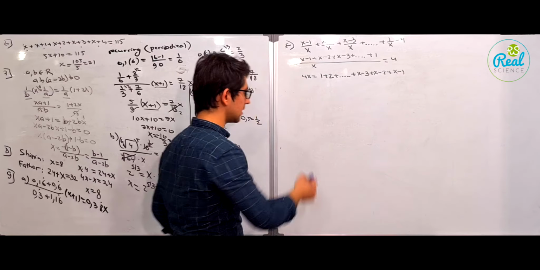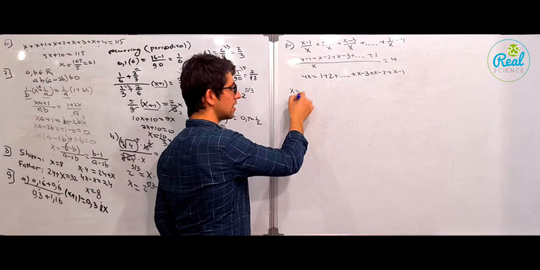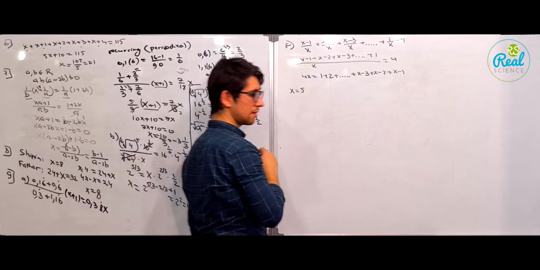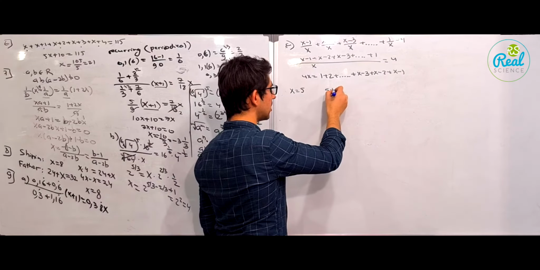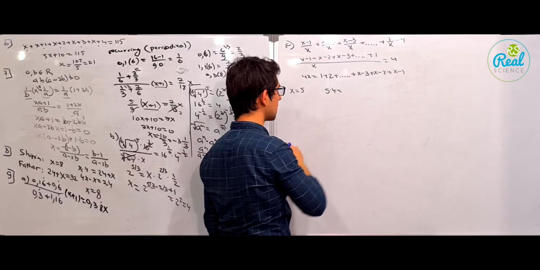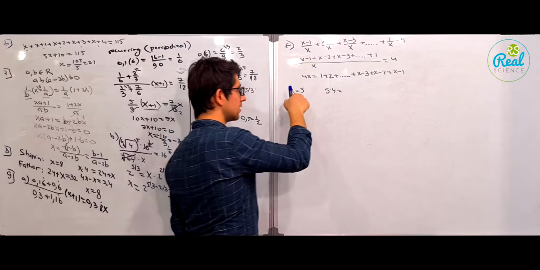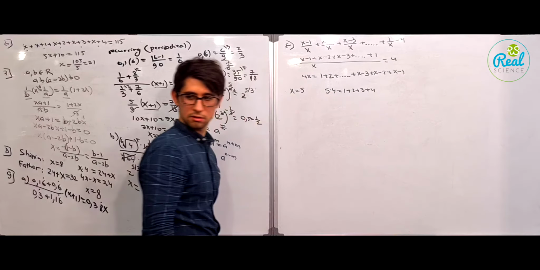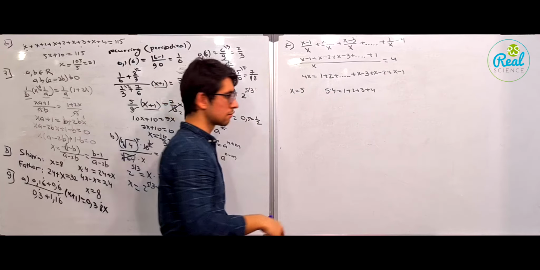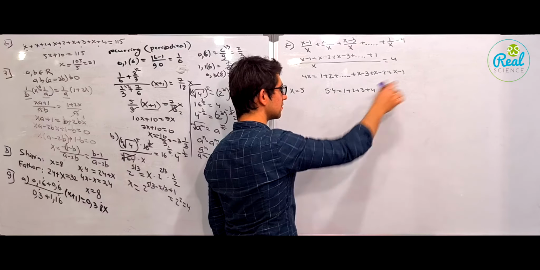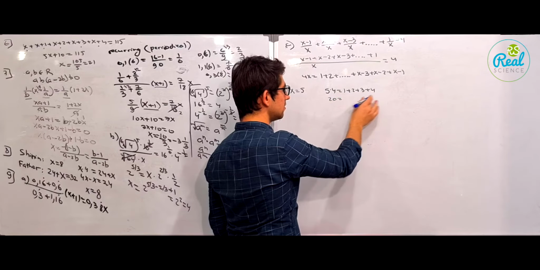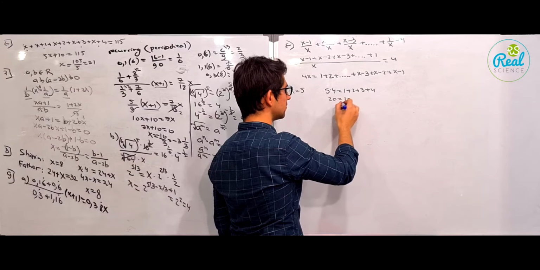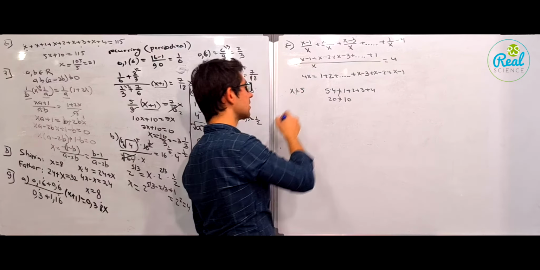For example, I'm not claiming that x is equal to 5, but if x is 5, then 4 times 5 equals 1 plus 2 plus 3 plus 4, till that number, which is excluded. So 20 equals what number? 10, right? It is not equal, so x is not equal to 5.